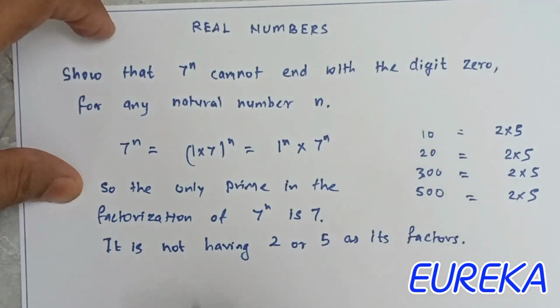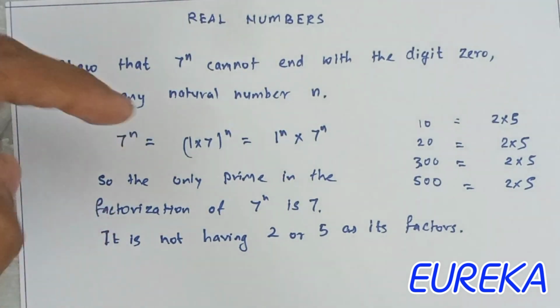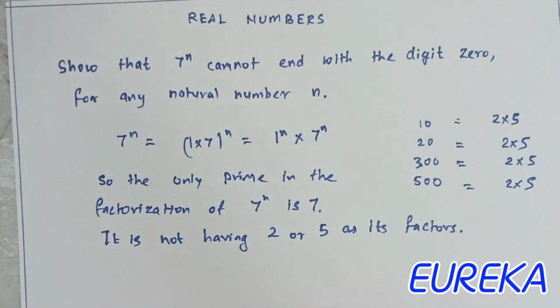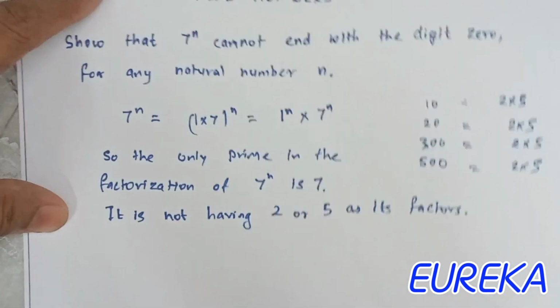One thing is very important to mention: the factorization we have is unique, and we get that from the fundamental theorem of arithmetic. It is a very important concept.